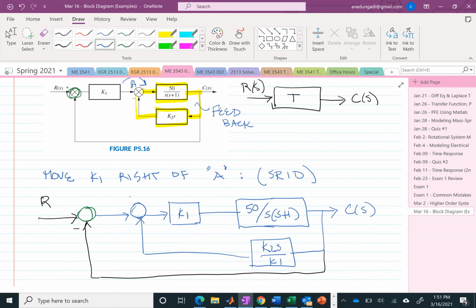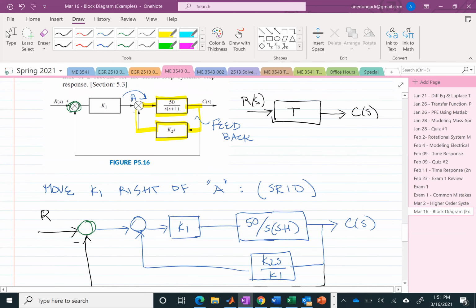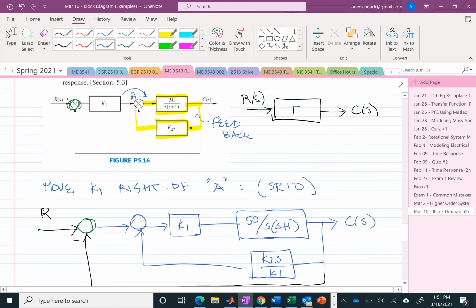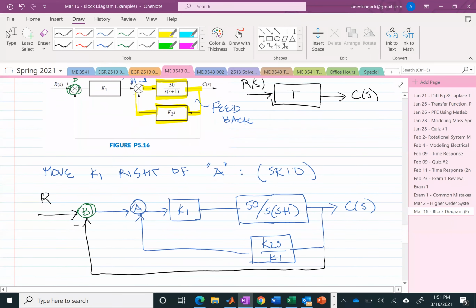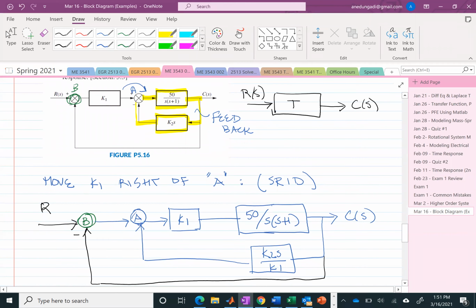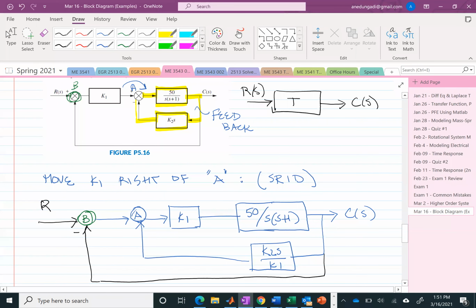Does everybody agree with that? I basically have moved K1 to the right of A. So this is your A now, right? This is your A. I'm going to call this B. So I've moved K1 to the right of A, and when I do that, I have to compensate the input by dividing by what I moved.